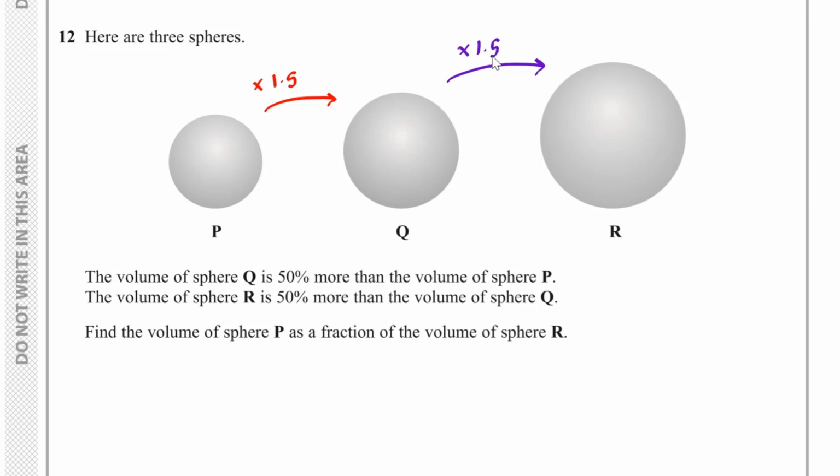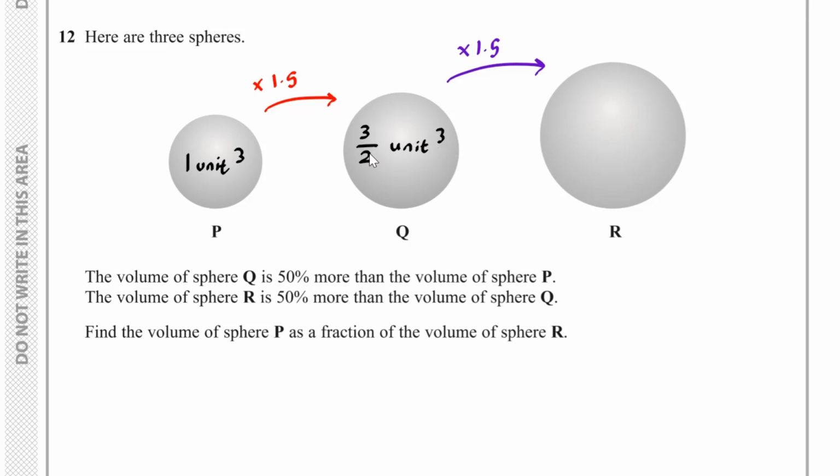Okay. So, for this question, if we say that the volume of P is 100%, then as a regular number that will be 1. So let's just call this 1 unit cubed. Okay, and if we multiply by 1.5, for Q we have 3 over 2 units cubed.